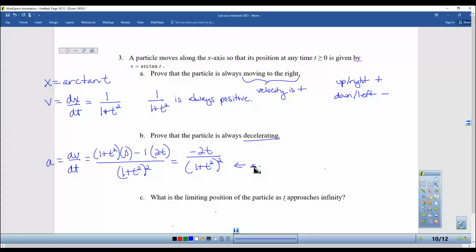So since this is always going to be positive, and the top, since t is greater than or equal to 0, this is always negative. And a negative divided by a positive is going to be negative overall.